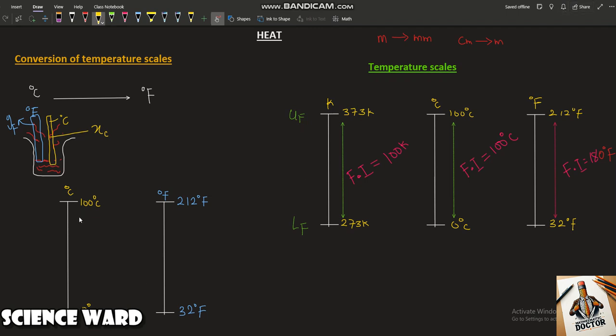Okay, so now you notice that I've already been able to draw the two scales that are definitely involved, and that is the Fahrenheit scale and the centigrade scale.